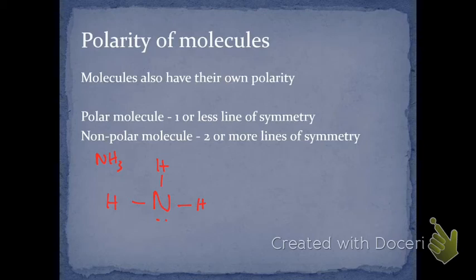And so what we're looking for is a line of symmetry, which means if I put a line through this, either side will look the same. So we do have one line of symmetry, and if you look, the line of symmetry is right here, right? So both sides look the same. They're mirror images of each other.